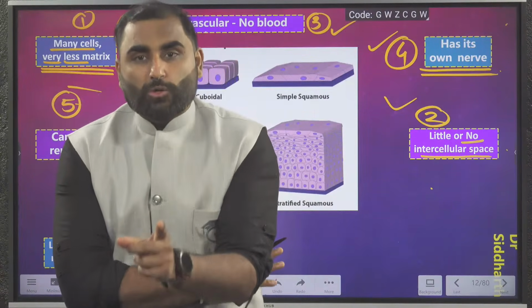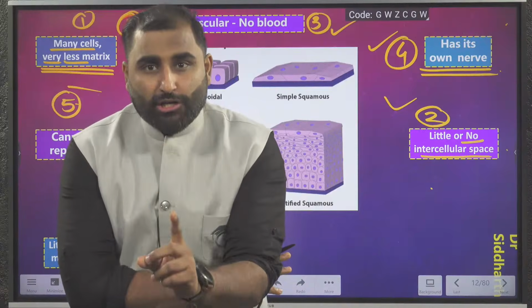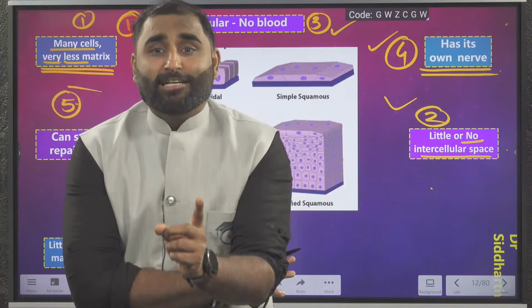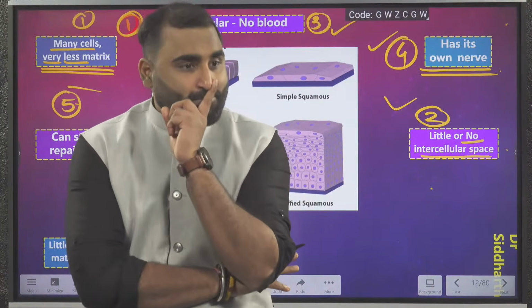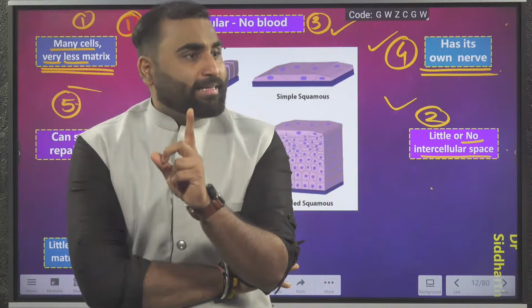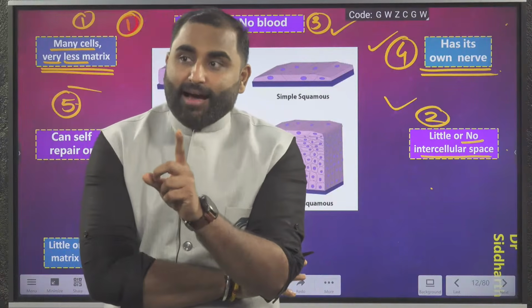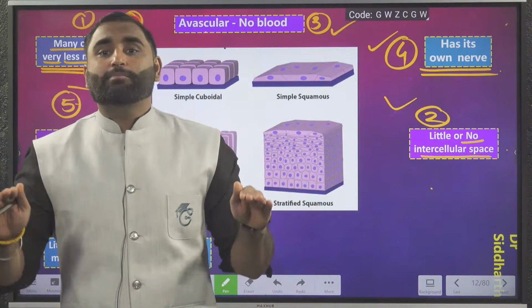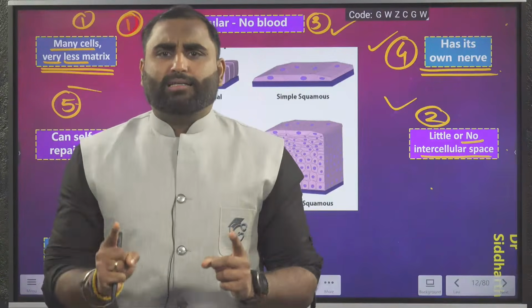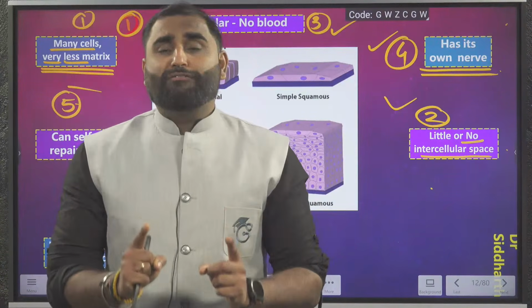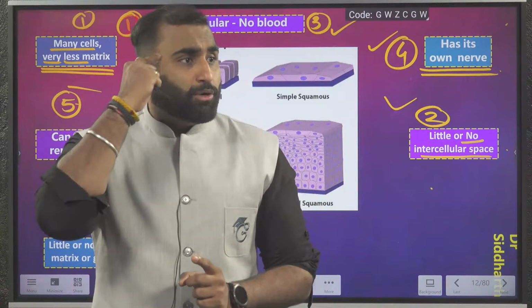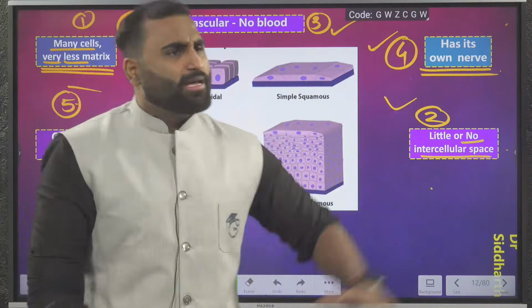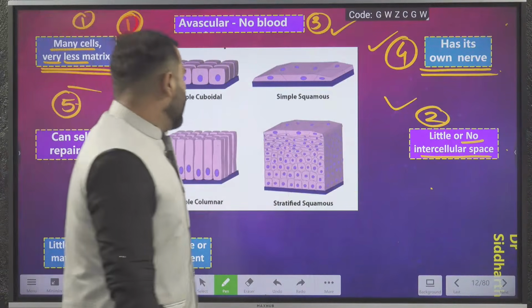That is also a characteristic feature of epithelial tissue. Please put it in your mind, or you can note it down.